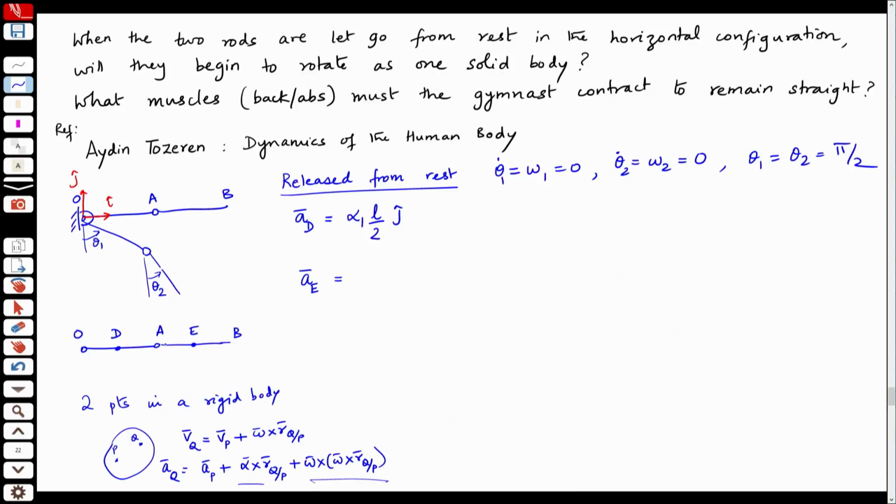So, I can write the acceleration of E as the acceleration of A plus the relative acceleration of E with respect to A.